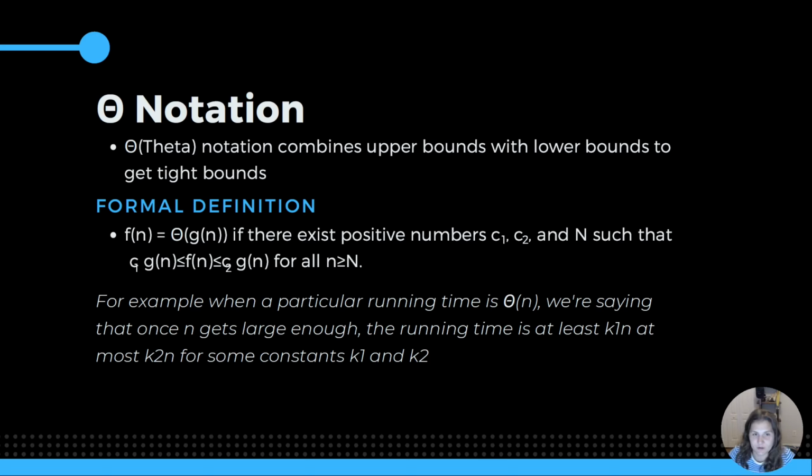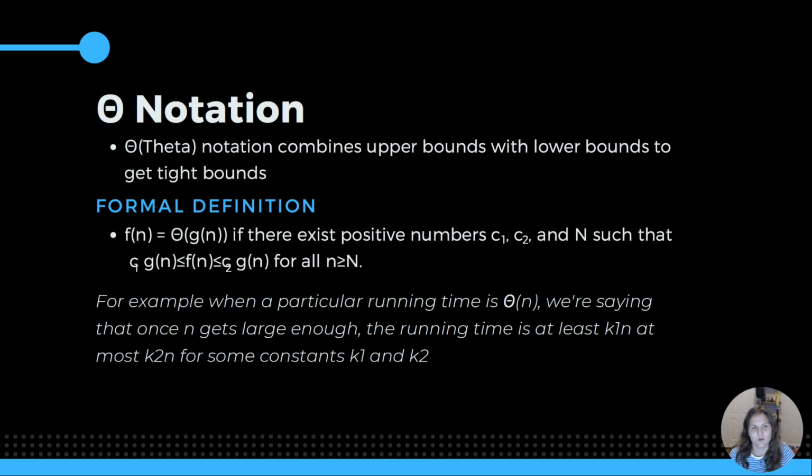Then we have theta notation. Theta notation combines our upper bounds and lower bounds in order to determine a tight bound. The formal definition for theta is that f of n is equal to theta g of n if there exist positive constants constant 1 and constant 2 and an n such that we have a constant times g of n, which is less than f of n, and then another constant times g of n, where f of n is less than that for all of our n.